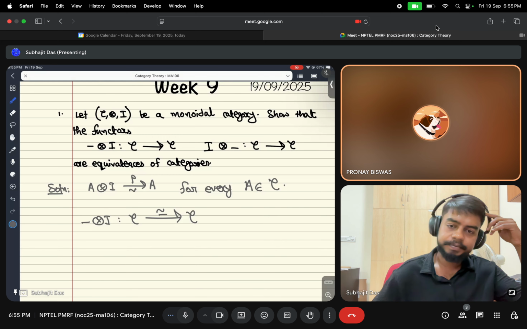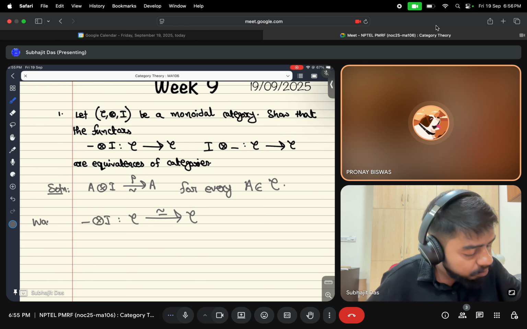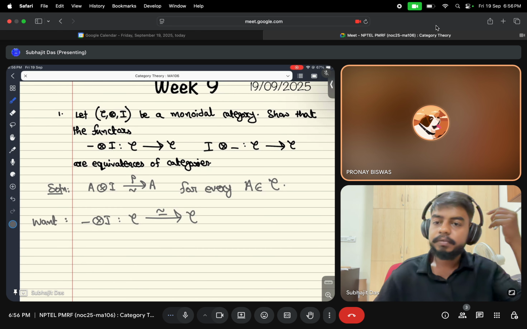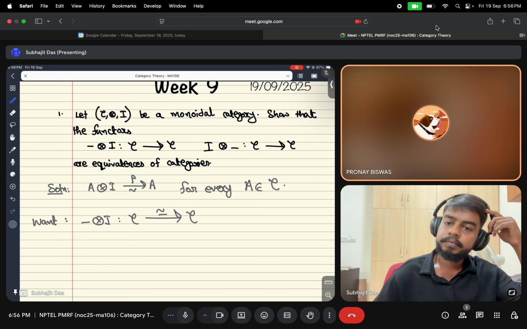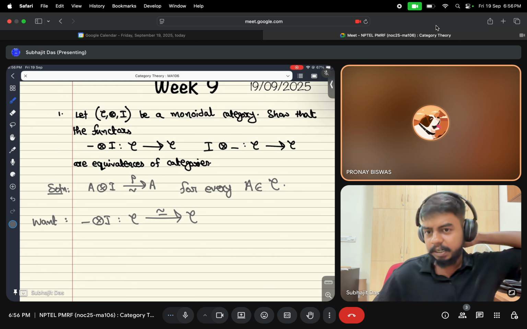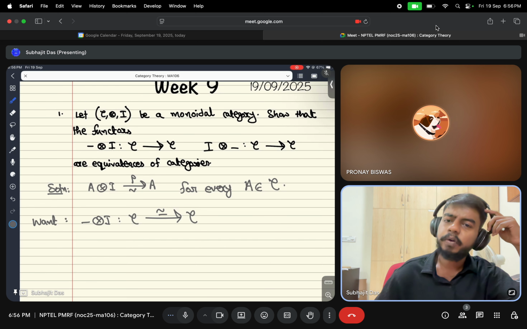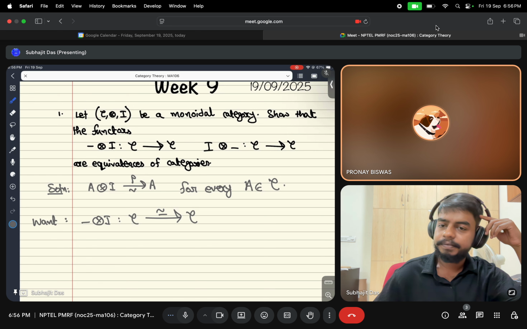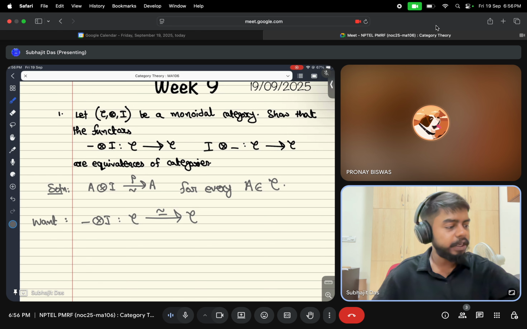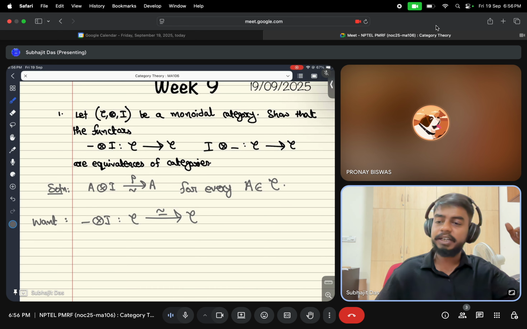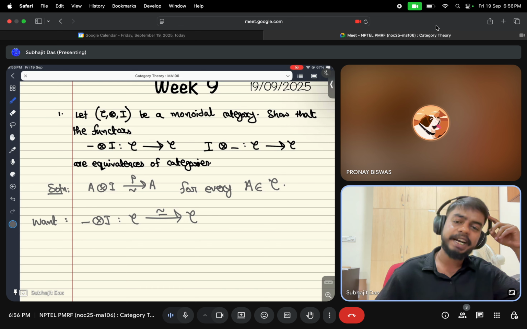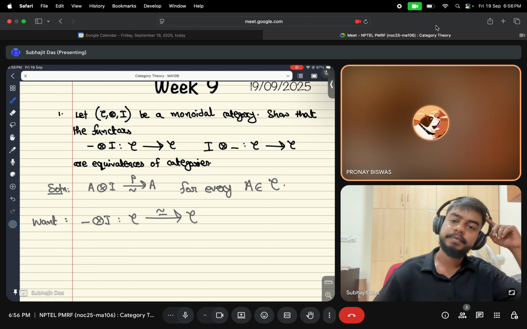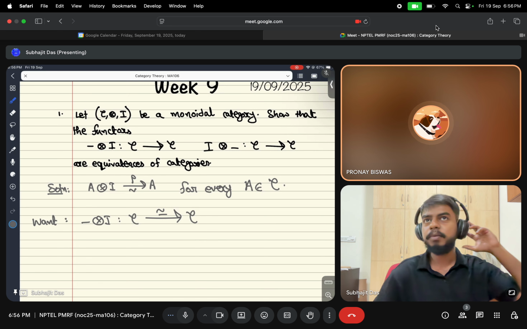Just tell me. Yeah, that's okay. But there's no point in going to adjoint equivalences. What are adjoint equivalences? They are adjunctions in which the unit and counit are natural isomorphisms, right?